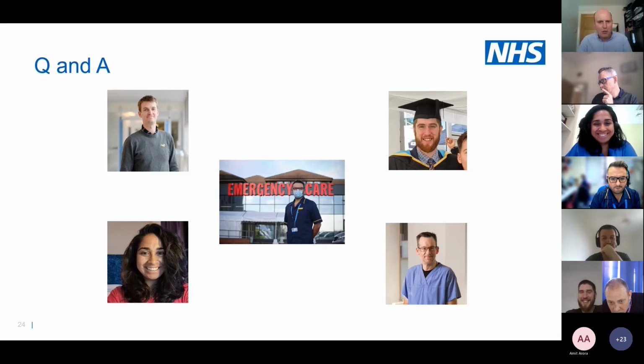And our expert panel has been joined by Dr. Rob Cullum. I don't normally share graduation photos of our expert panel, but this is quite timely because, Rob, you graduated this morning from your Masters in Medical Education at the University of Nottingham. I stole this off Twitter. Rob is clinical lead for a couple of really interesting programmes in the Midlands and works for the Midlands Workforce Team.